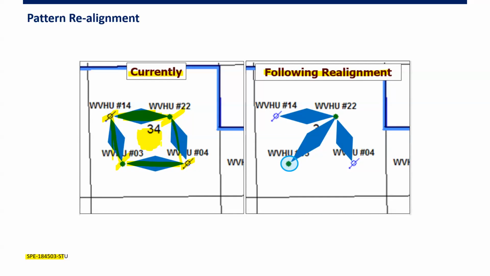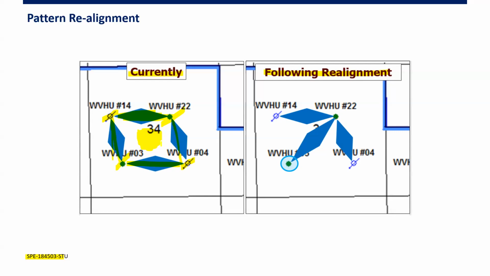You can also realign the pattern by adding wells, by downspacing, for example, adding more wells. Okay, but of course, if you drill new wells, it will take more money than if you just conduct converting producer to injector or vice versa.